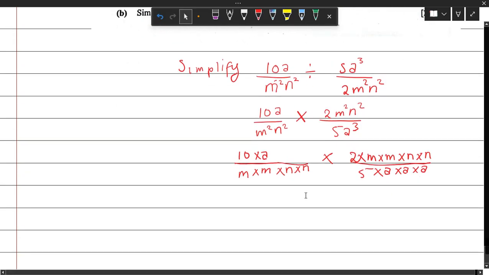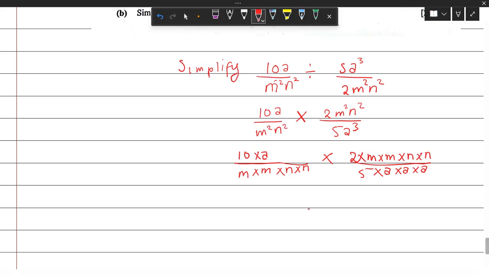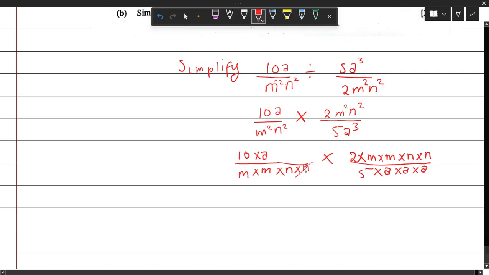Okay, so now we cancel. You can't cancel two numerators. The rules of mathematics don't work like that. You can only cancel common values between a numerator and a denominator. So you see n here can cancel with n on top. Then this n can cancel with this n. The m here cancels with that m.